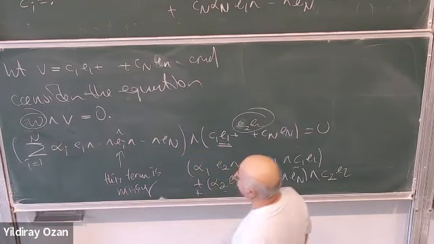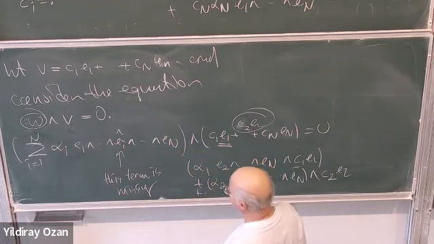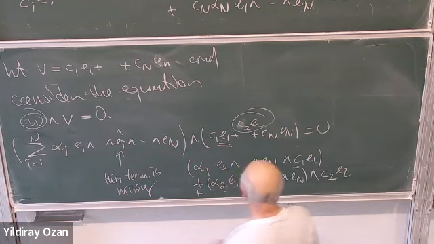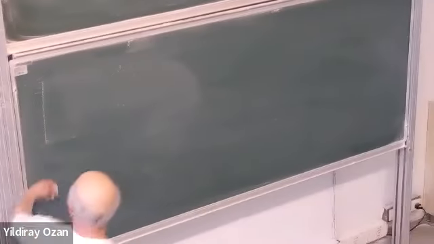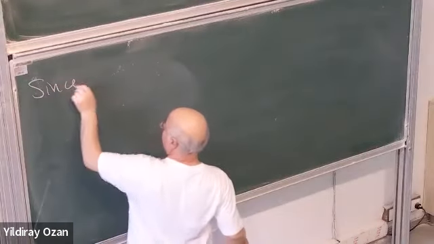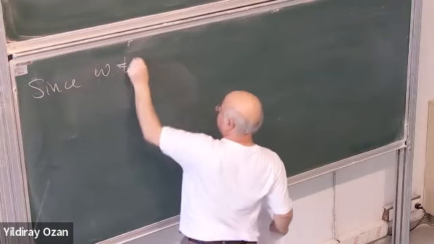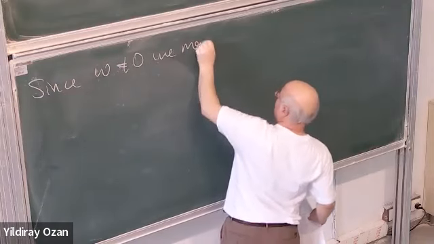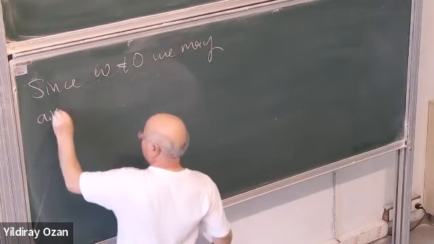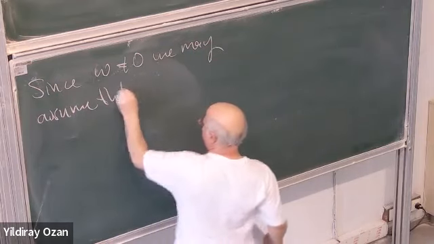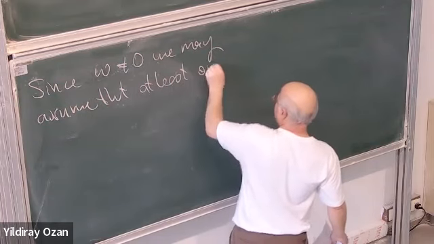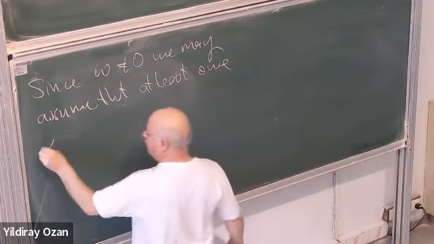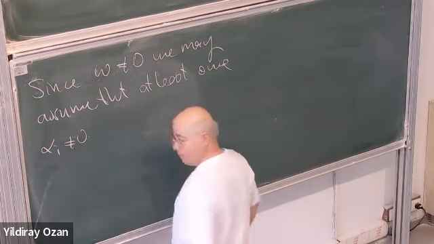Since W is not 0, at least one alpha is not 0. So I can assume the following. Since W is not 0, we may assume that at least one alpha R is not 0.